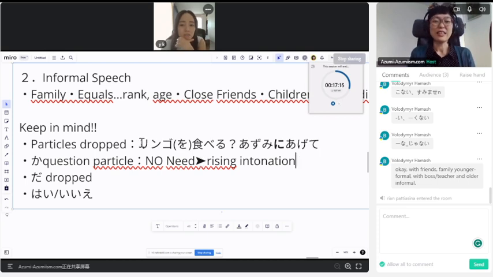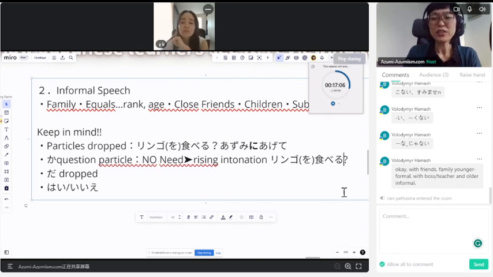Okay, let's see. リンゴ食べますか. Casual. リンゴ食べる. I often use this one. You're going to extend the last syllable.